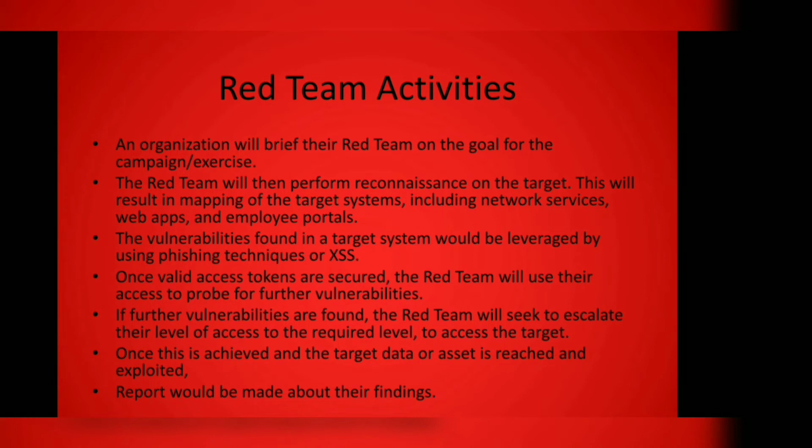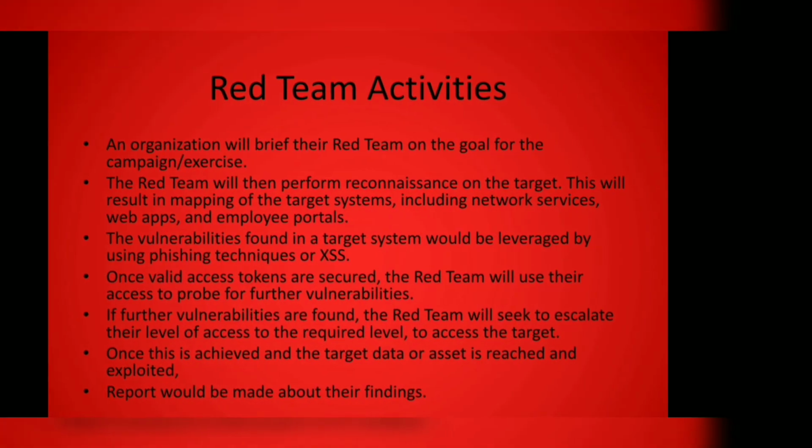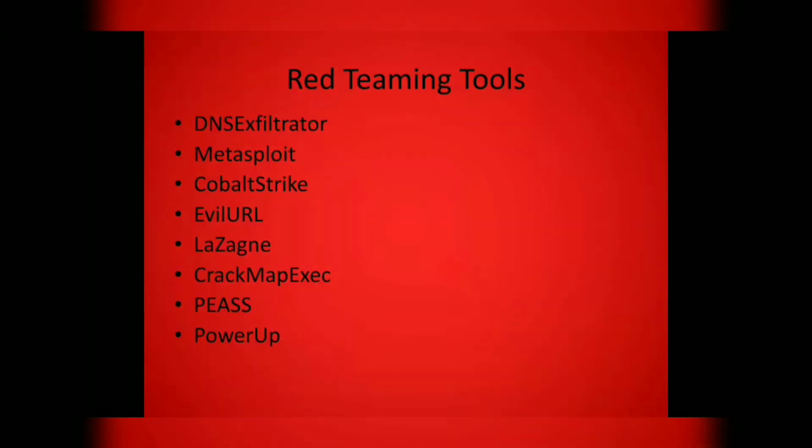If further vulnerabilities are found, the red team will seek to escalate their level of access to the required level to access the main target. Once this is achieved, the target data or asset is reached and exploited, after which a report will be made about their findings. Next is red teaming tools.